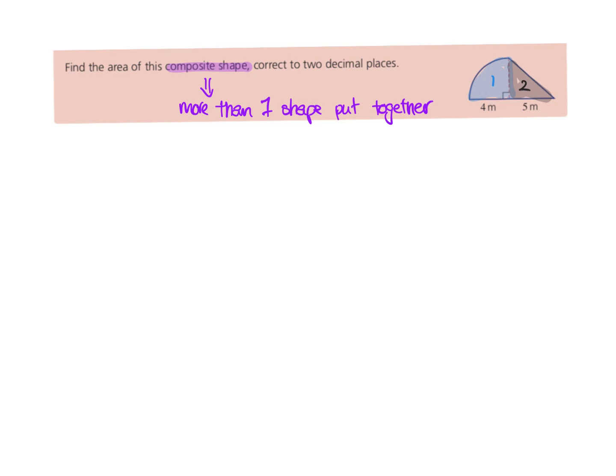So when I am finding the area of this shape, I'm going to say the area is going to be this part plus the area of the triangle. Okay, so we've written that.